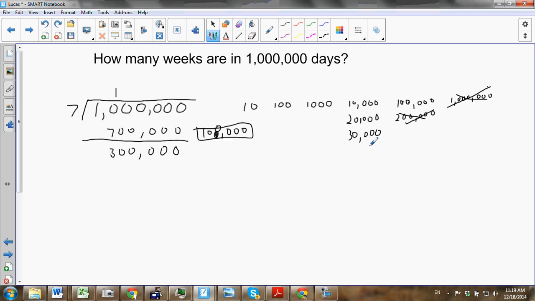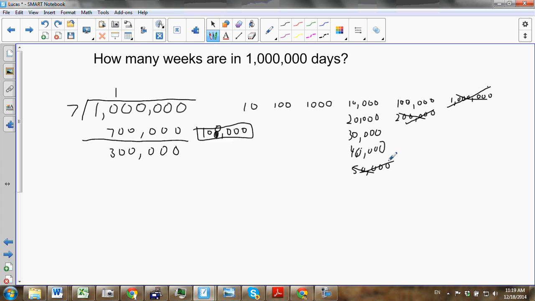30,000 sevens would be 210,000. That's less than 300,000. 40,000 sevens would be 280,000. Yes. And you can see probably that 50,000 would be too many, because 50,000 sevens would be 350,000, and that's too big.